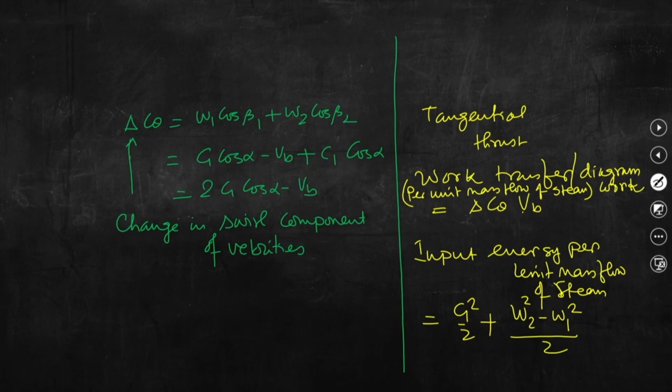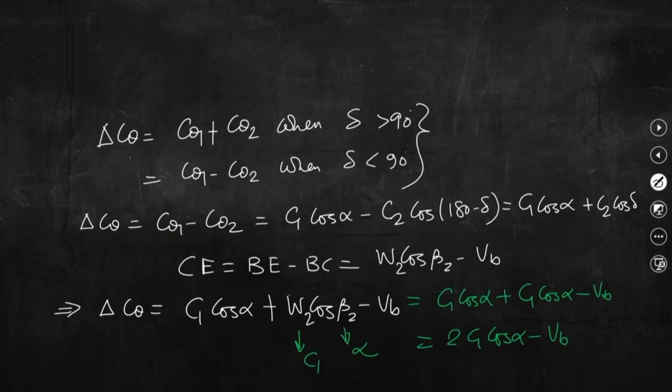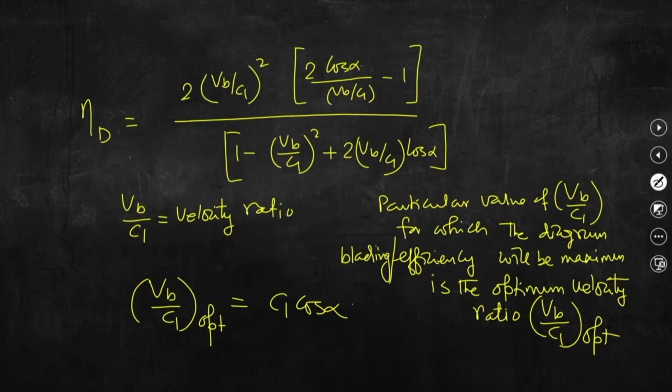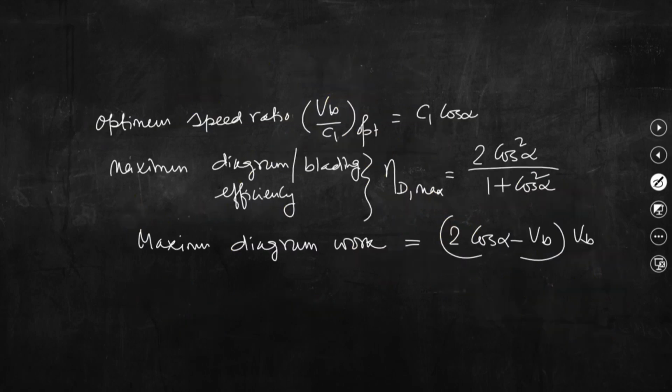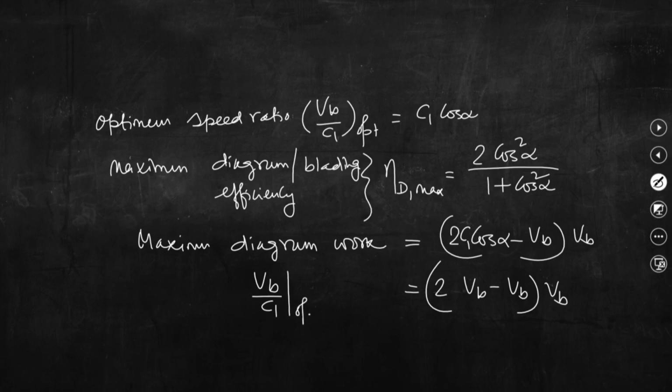Because we have obtained that Vb by C1 equals cos alpha, that means C1 cos alpha is equal to Vb, right. So, 2 C1 cos alpha equals 2 Vb, giving 2 Vb minus Vb into Vb, that is Vb square.